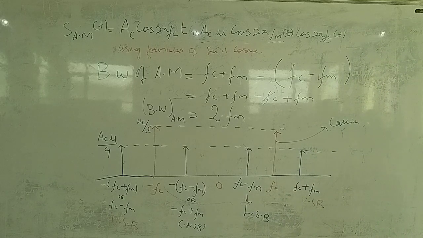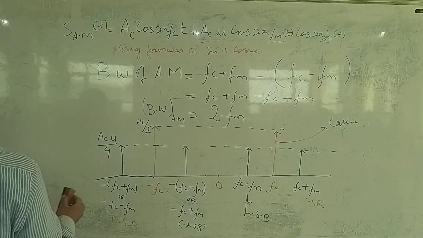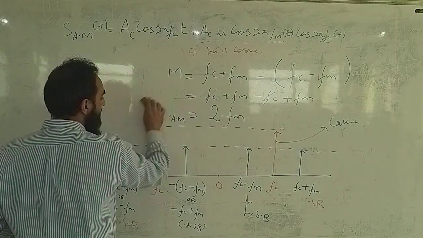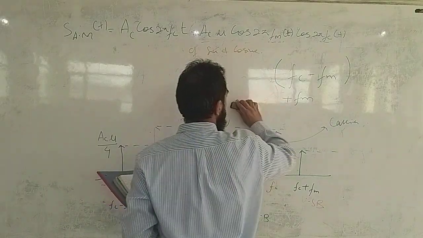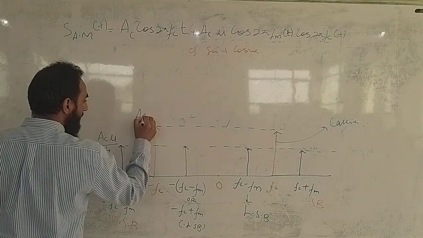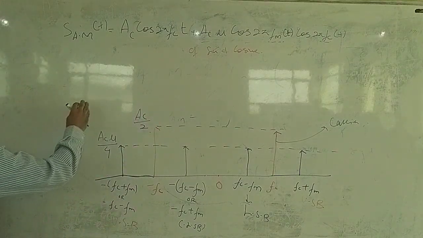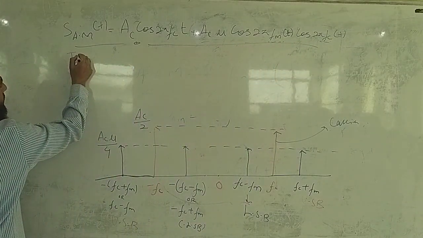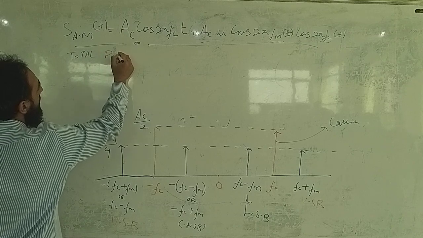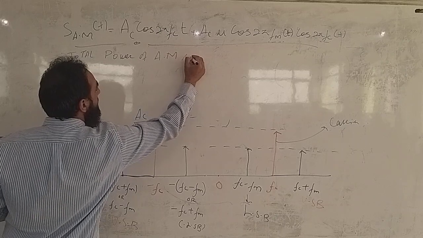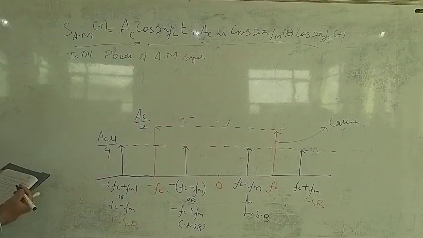The third heading was bandwidth. The fourth heading is power of an AM signal, or total power of AM signal. I am writing total power of AM signal.